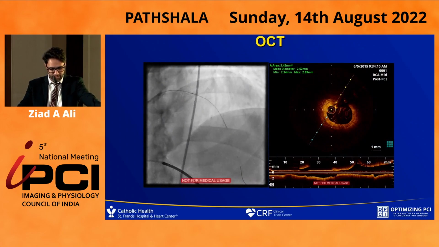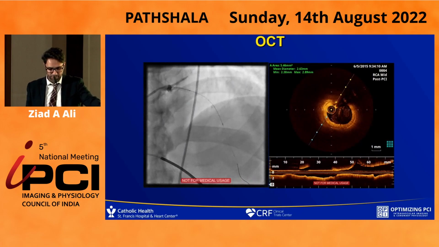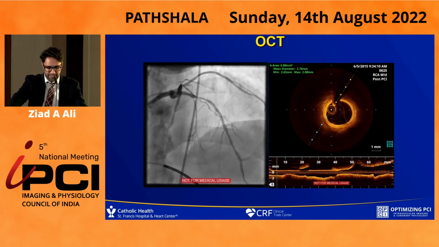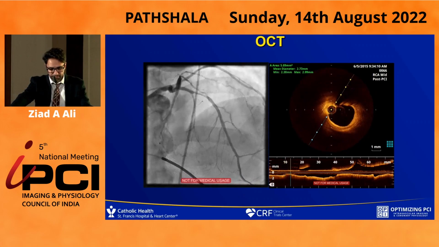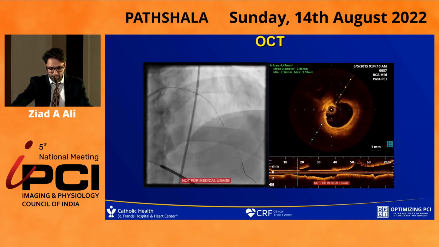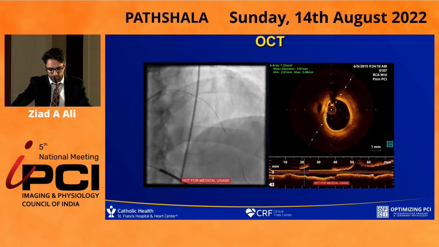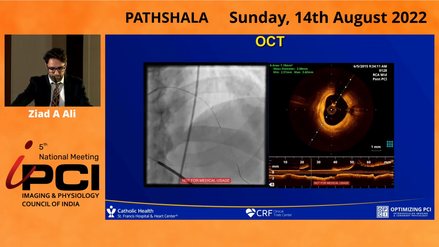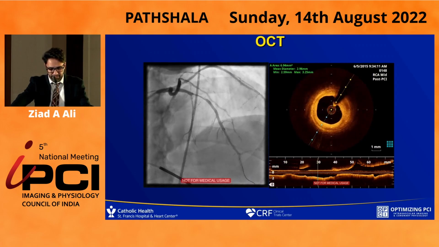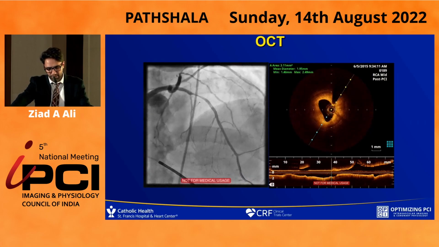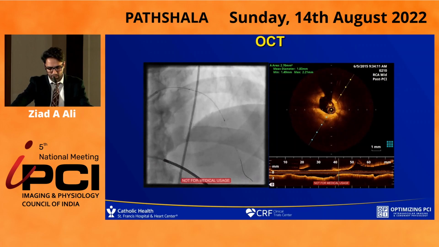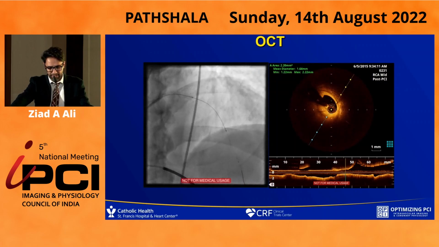Okay, so we do an OCT run, and this is what it shows. As you can see, completely normal trilaminar appearance throughout, and a little bit of neointimal hyperplasia, some fibrous tissue. Really pretty healthy. Not looking so bad. Okay. All right. Whoa.